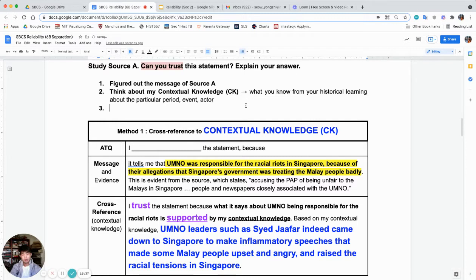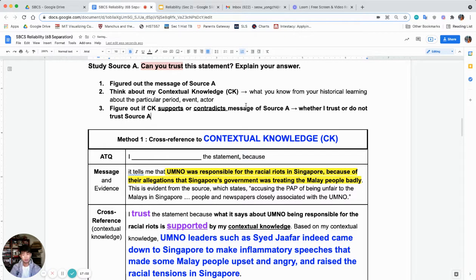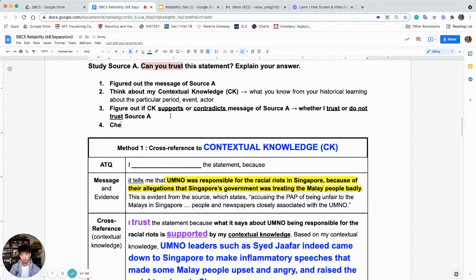And then figure out if CK supports or contradicts the message of source A, which tells me whether I trust or do not trust source A. And finally, check my stand in the ATQ.